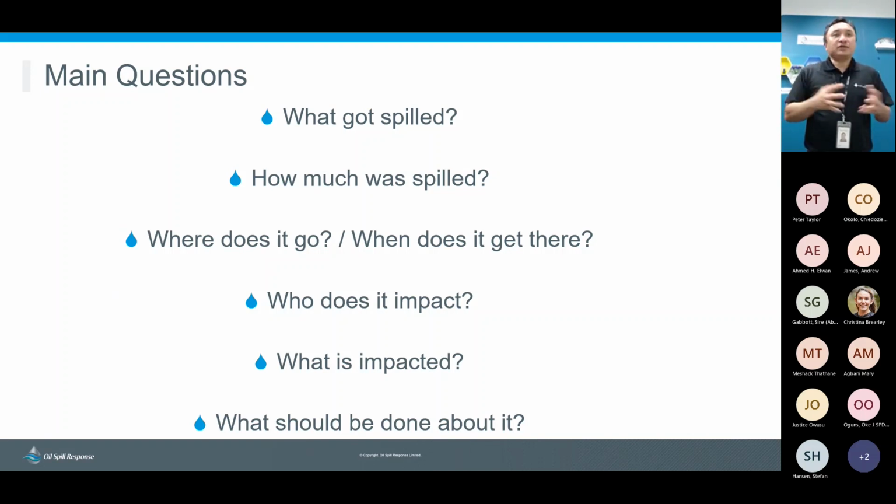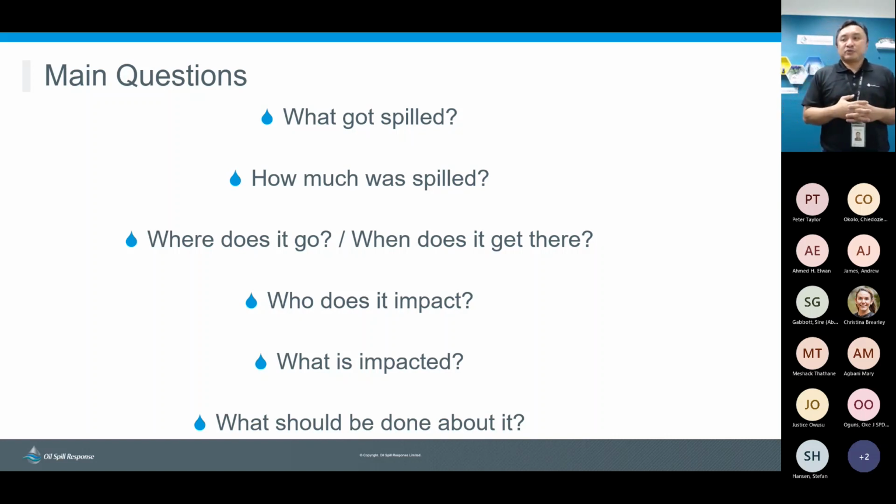Definitely the type of oil that spilled would have a different sort of impact to the environment. Say, for example, a persistent oil versus a non-persistent oil. How much was spilled? Volume, of course, would have an impact. The amount of oil that was released would have an impact to the environment.